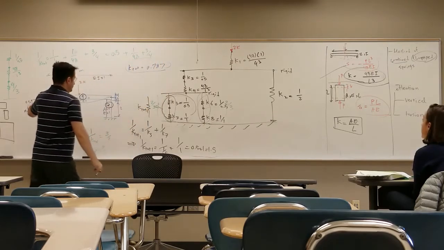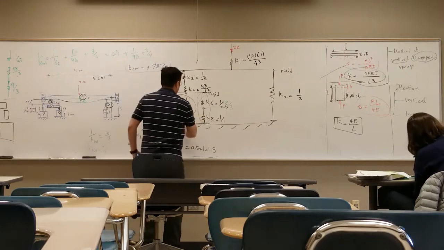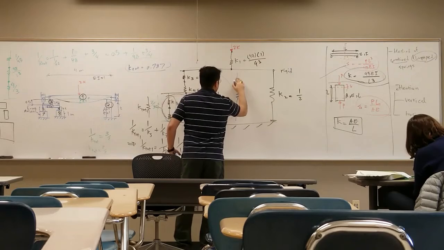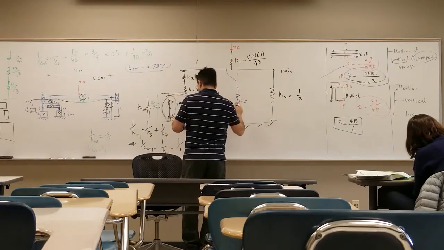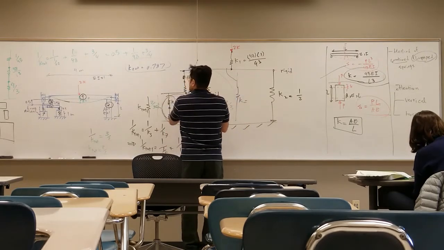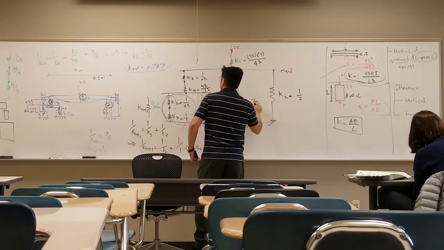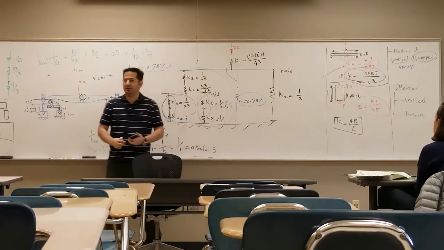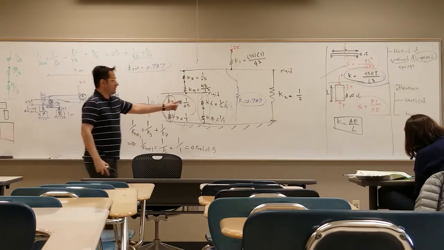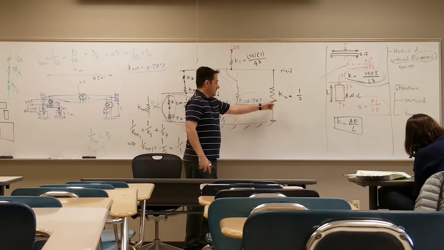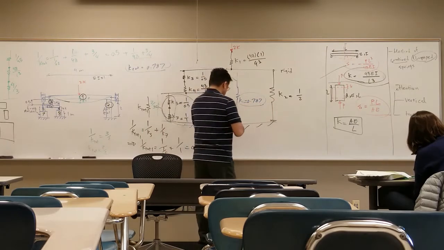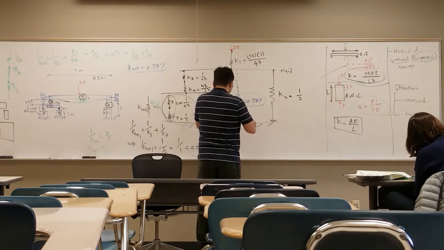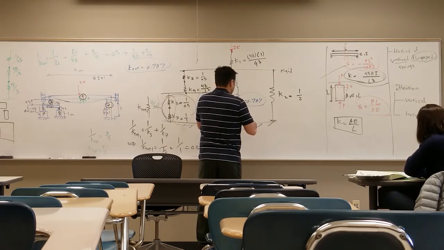Okay? So the entire left side, we can replace it with a spring where K is equal to 0.787. So what should I do next? Add these two, because these are in parallel. So half plus that, 0.787 plus half.